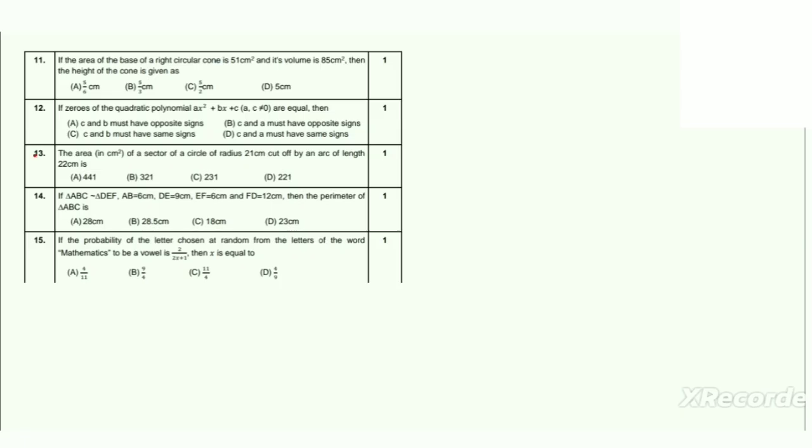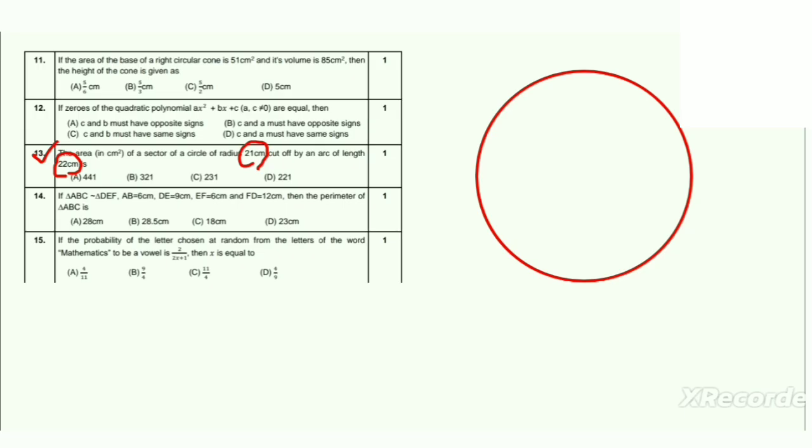Question number 13. The area of a sector of a circle of radius 21 centimeter cut off by an arc of length 22 centimeter is. Okay students, here is a circle, and as we know, an arc is a piece of a circle between 2 points.